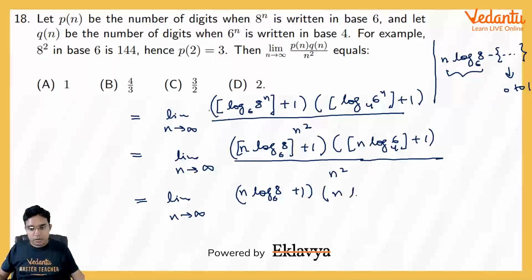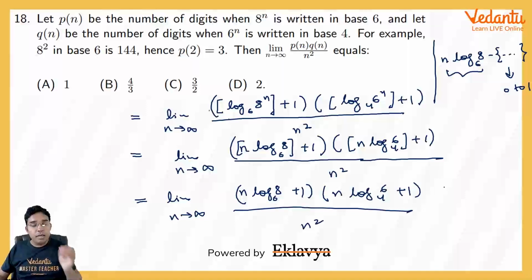And here also I can write n log 6 base 4 plus 1, upon n square. The same thing can be proved using the sandwich rule in limits, but here we can do it directly also if you have a good understanding of why we have ignored this fractional part, because it is having a very small value as compared to n into log 8 base 6.